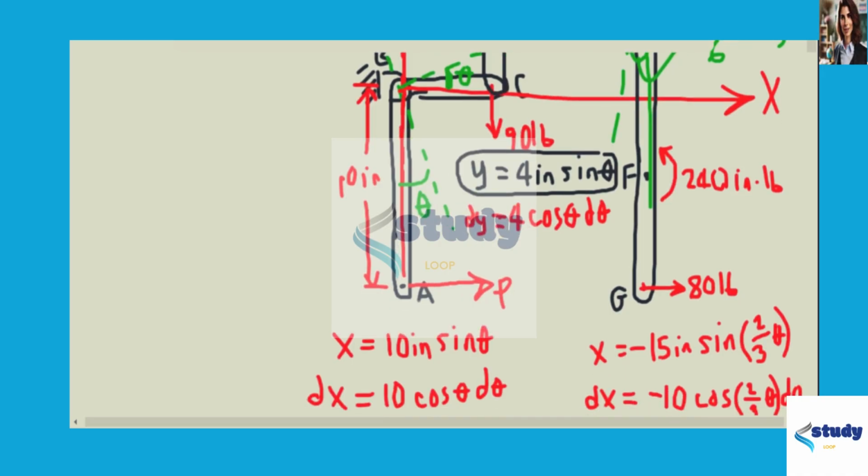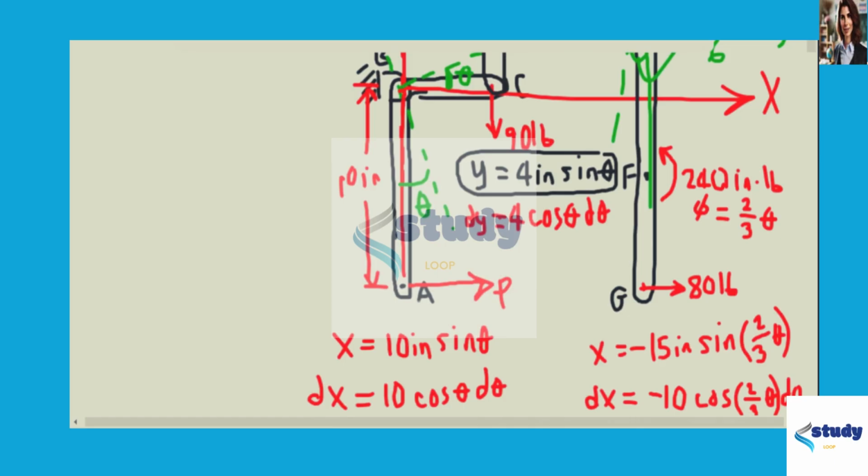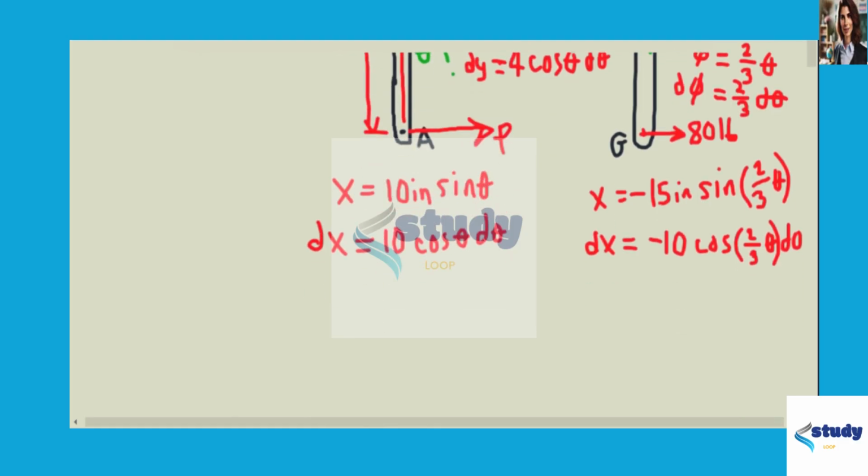Now, to deal with a moment, I note that theta, or rather, I'm going to make this phi, is 2/3 theta. So, d phi equals 2/3 d theta.